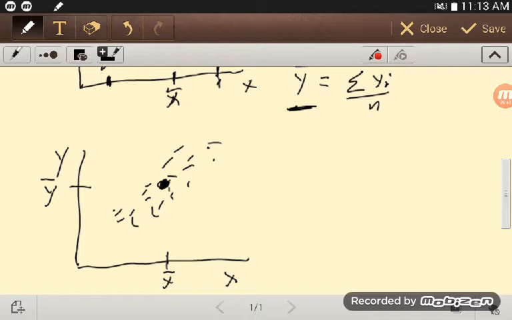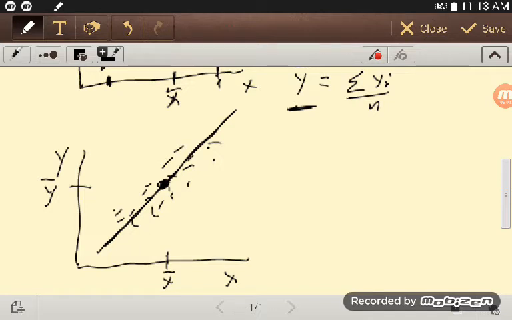Okay, I've got that point. I am going to find a line that goes through that point that has the best slope I can find to represent those data.